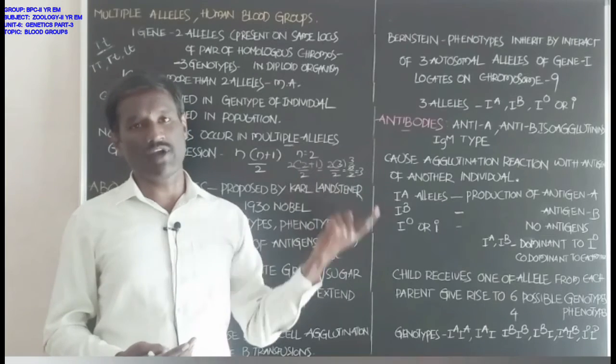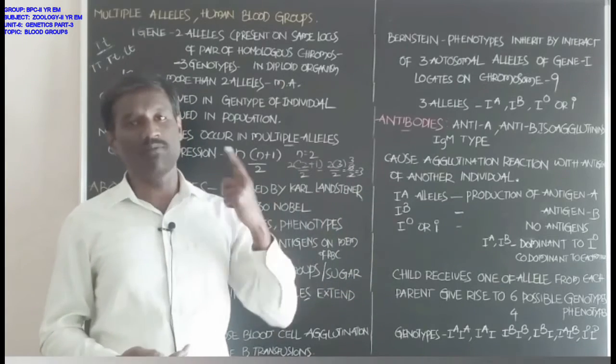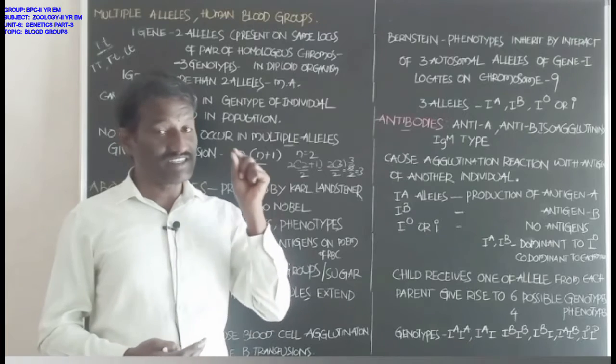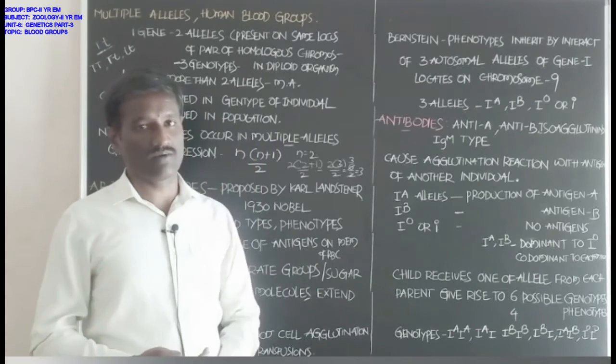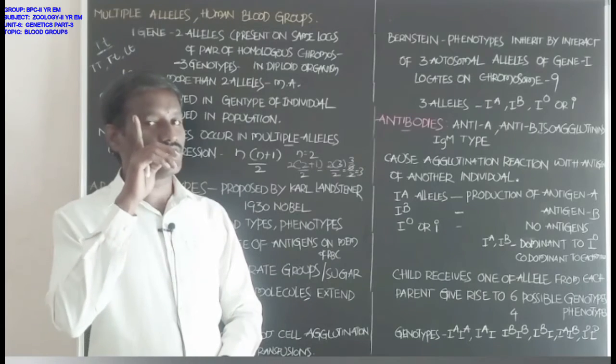Individuals show A blood group, B blood group, AB blood group, or O blood group.